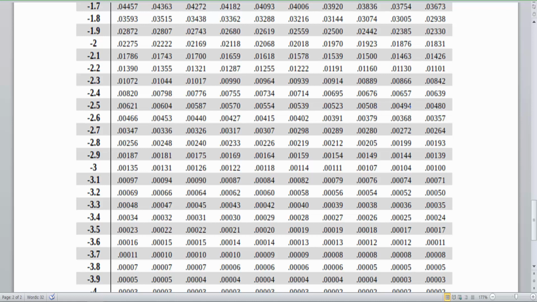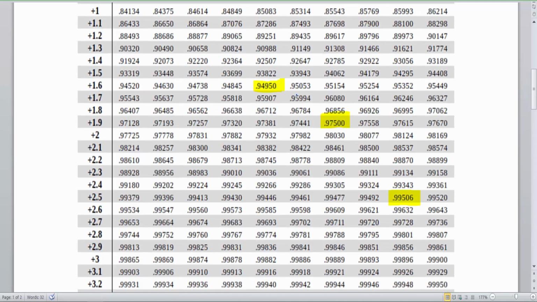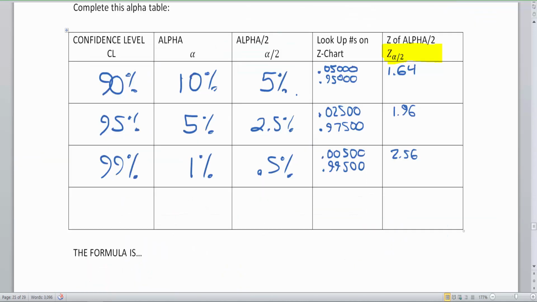See how this is only 6 away and this is 8 away. So don't write on your chart here, but I'm focusing on these two numbers. This is a little bit more challenging to find, but this number, 0.00494, is actually closer to my 0.00500, since it's only 6 away. So I just find it's easier for students to focus on the positive numbers, and we use the positive number anyway.